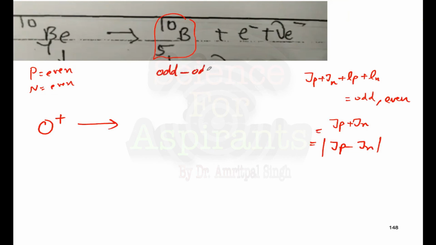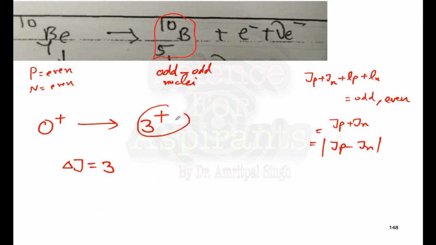So this is an example of odd nuclei, and when you solve this, its total J value is coming 3 plus. So delta J here is 3.